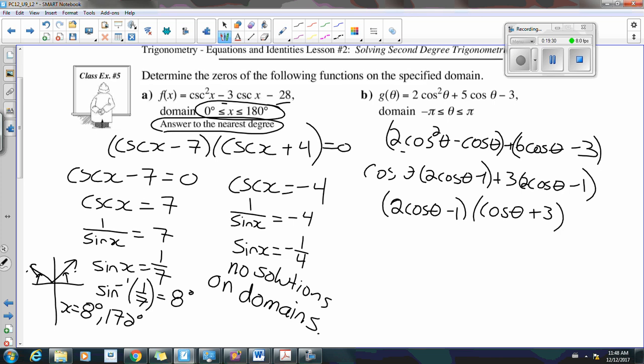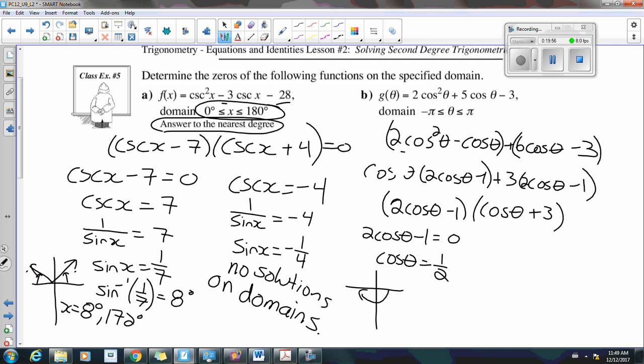So now we've got to solve or find the zeros for each factor. So cos theta equals 1/2. So I want to find solutions between negative pi and pi. So this is really a full rotation, except I want to describe anything in quadrant 3 and 4 as a negative angle, and anything in quadrant 1 and 2 as a positive angle.